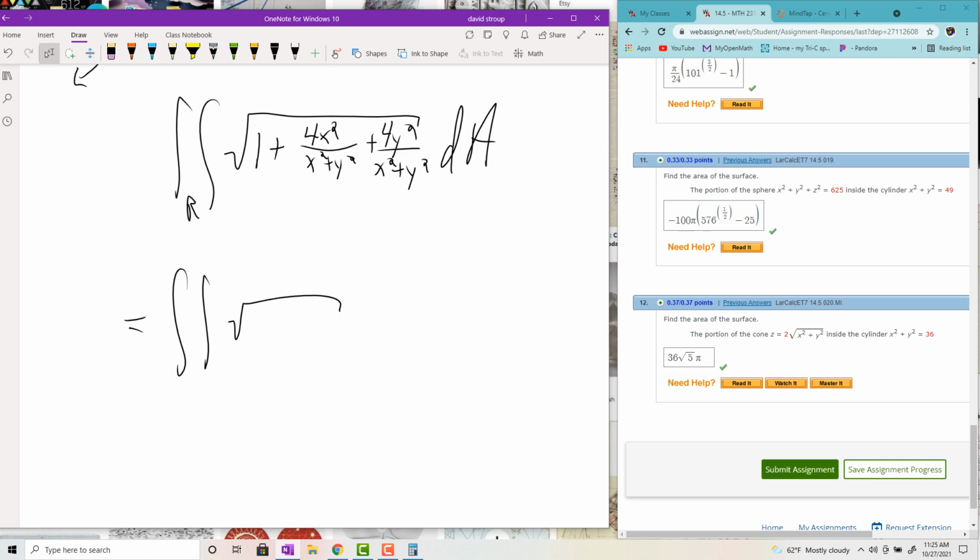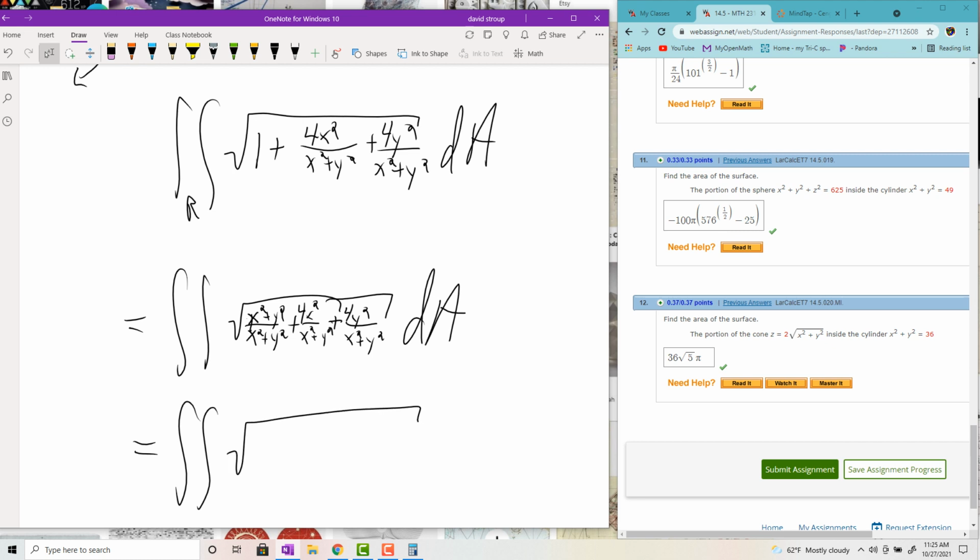Double integral of the square root of, well, the common denominator for 1 is going to be x squared plus y squared all over x squared plus y squared, plus 4x squared all over x squared plus y squared, plus 4y squared all over x squared plus y squared, all in the radical. And then you're going to add them all up. So you get 4x squared plus x squared is 5x squared, plus 5y squared, all over x squared plus y squared. And this turns out real nice.